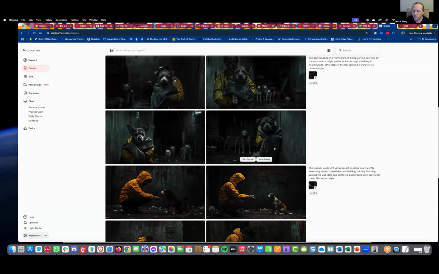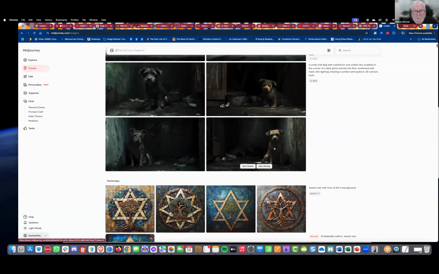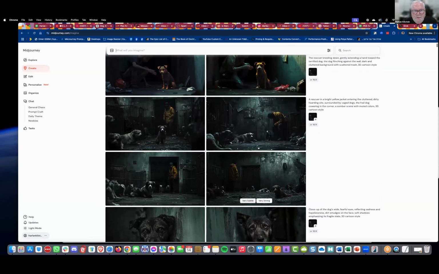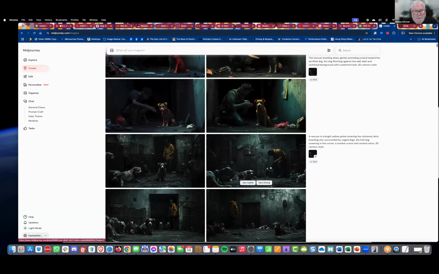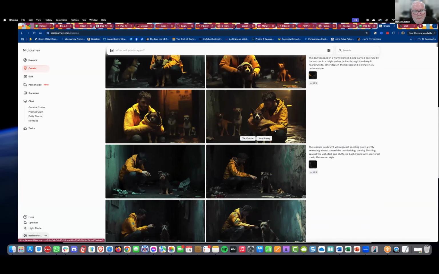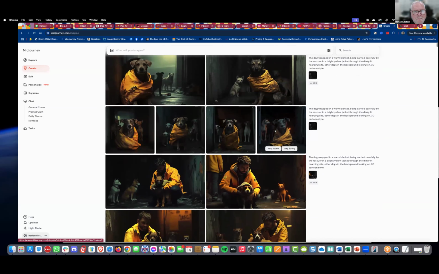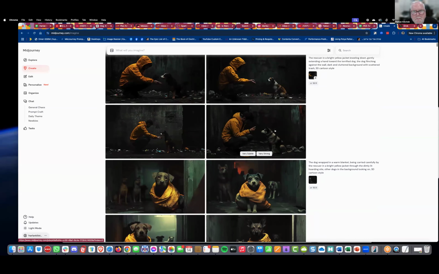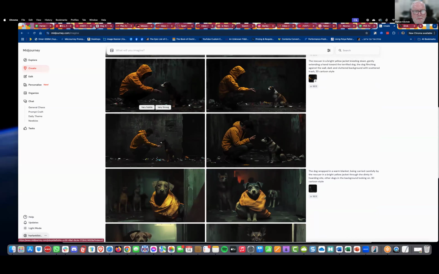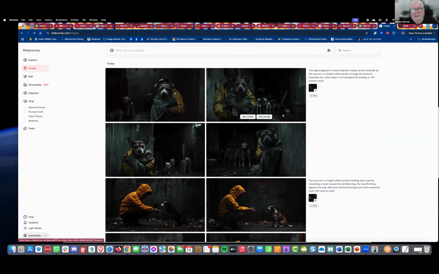So if we go back to my Midjourney, I have picture number 1, picture number 2, picture number 3, picture number 4, picture number 5, picture number 6.